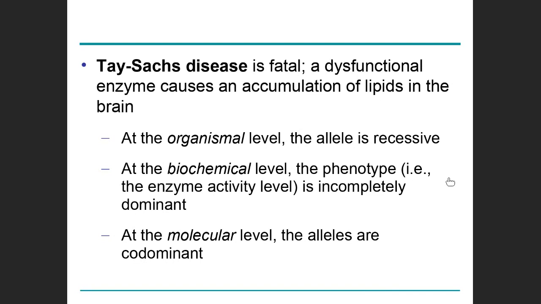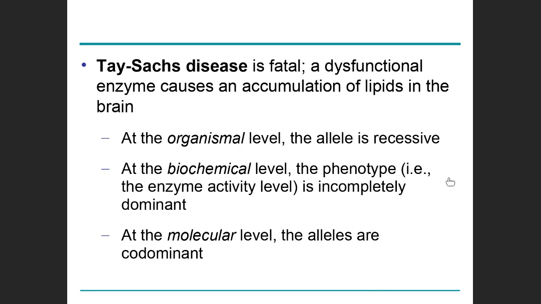So if we look at the organismal level, the allele is recessive. That means you have to have two recessive copies of the Tay-Sachs allele in order to express this trait. If you're heterozygous, one normal allele and one Tay-Sachs allele, you're normal, right? That normal allele produces enough of whatever enzyme or protein that's needed to remove the excess fat that you're okay.